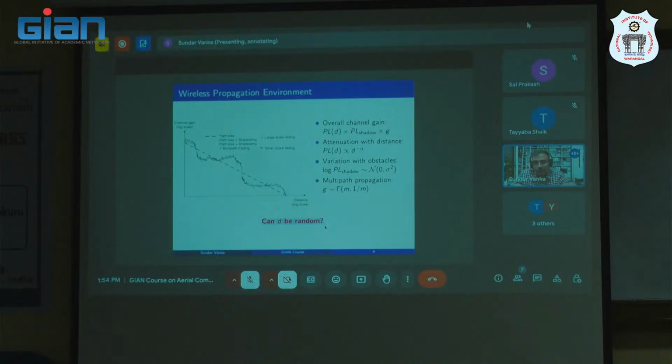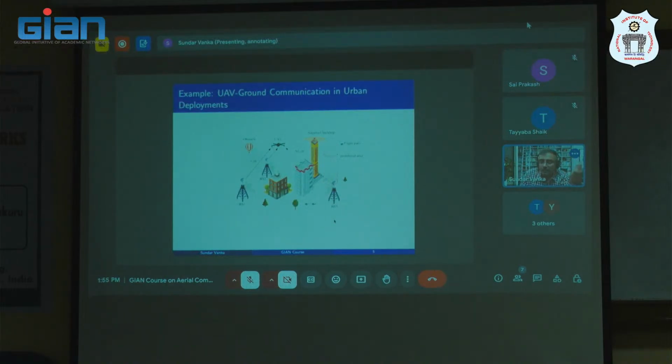If I think of all of you as individuals having phones, and I look at the link distance from each phone to its tower, it is random because it depends on the person that I choose. So technically, the distance between two objects in a wireless network, like A and B, transmitter and receiver, can be random. Let's see what it means in a UAV context.